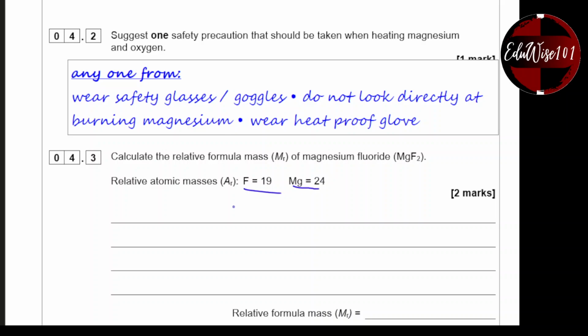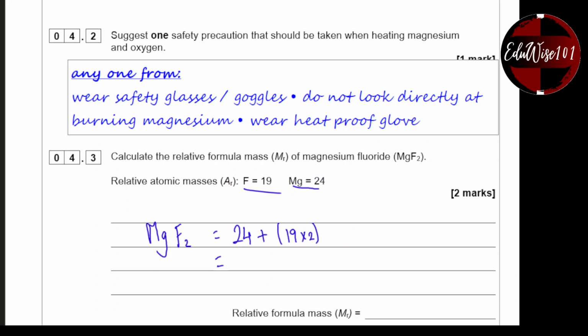So if you look at the formula, you have MgF2. That means there's 2 fluorine atoms. So magnesium mass is 24 plus fluorine is 19 times 2.